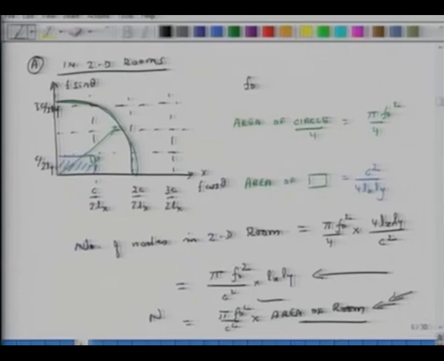What this says is, if you have big area of the room, you have large number of nodes. F0 over C is basically lambda. If you have to visualize it in terms of spacing of the room, you can do a numerical experiment yourself: what is the spacing if you have a room this big and then you make it half as big.